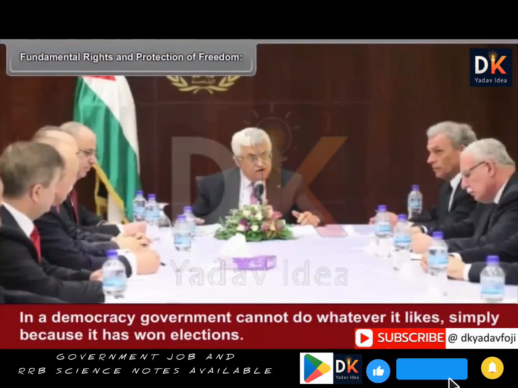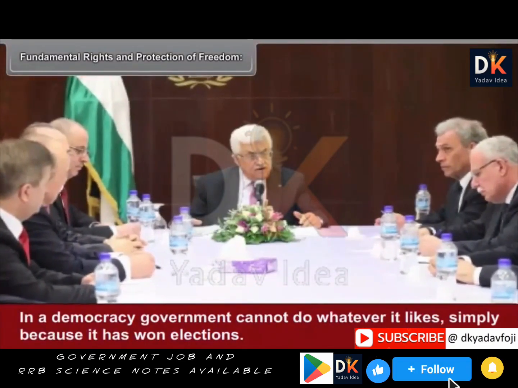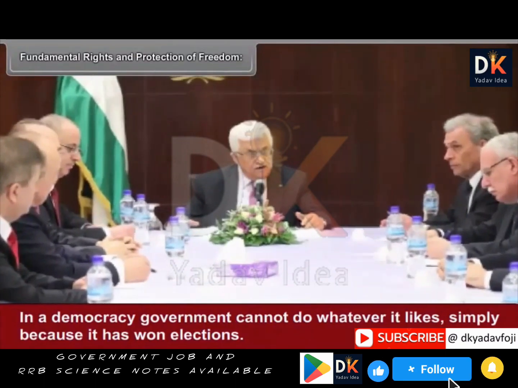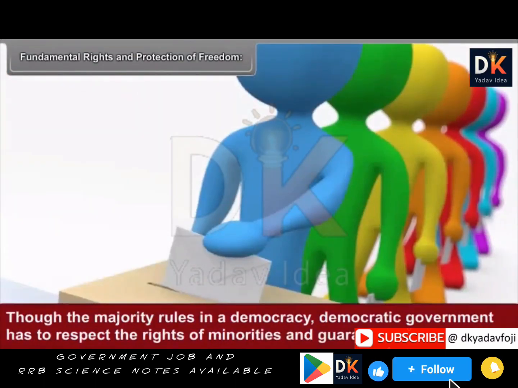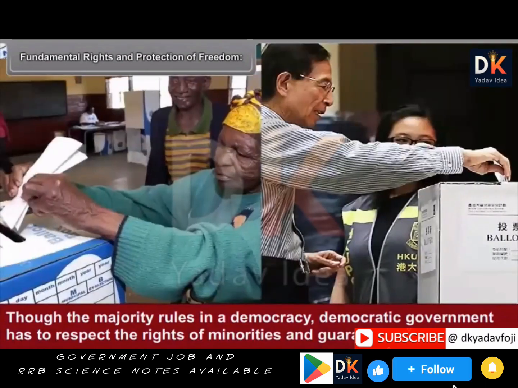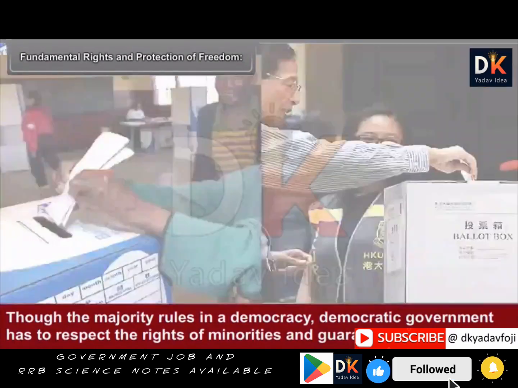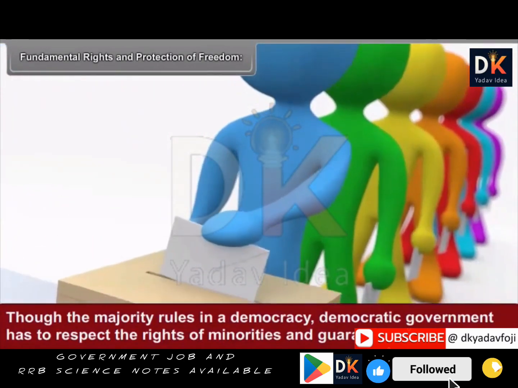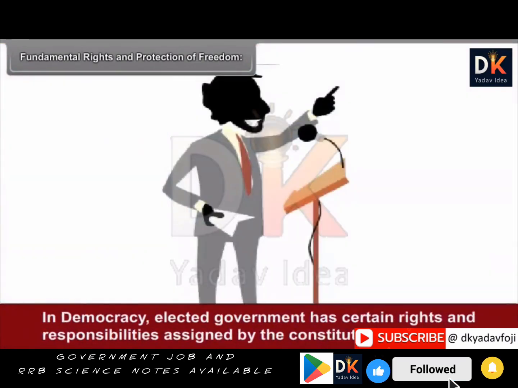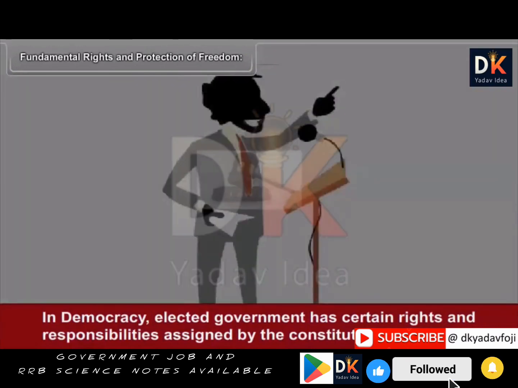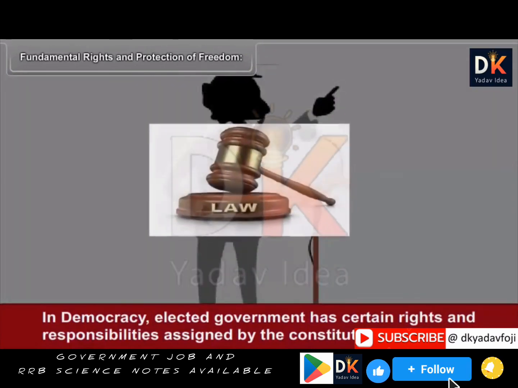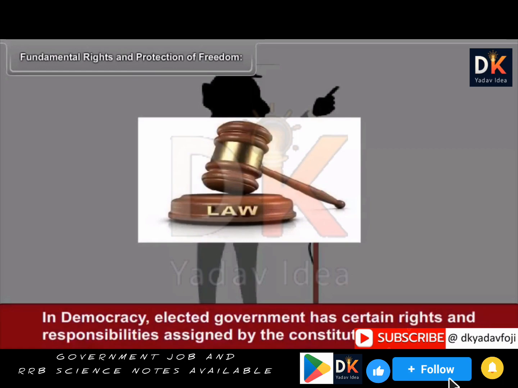In a democracy, government cannot do whatever it likes, simply because it has won elections. Though the majority rules in a democracy, a democratic government has to respect the rights of minorities and guarantee their protection. In democracy, the elected government has certain rights and responsibilities assigned by the Constitution and the law.